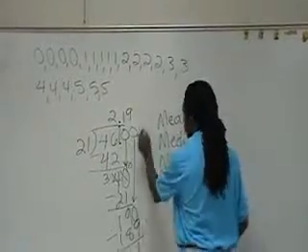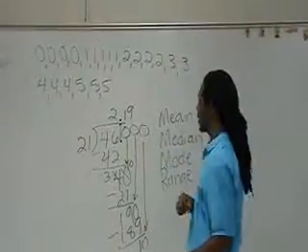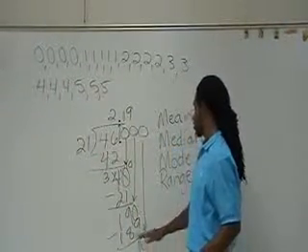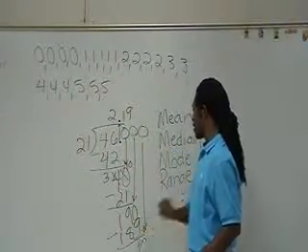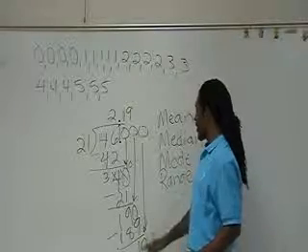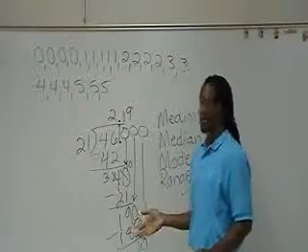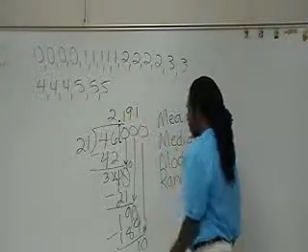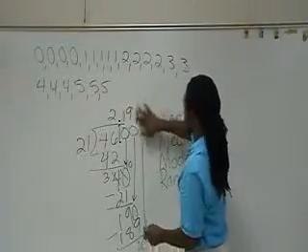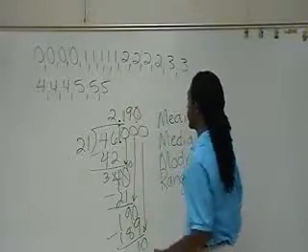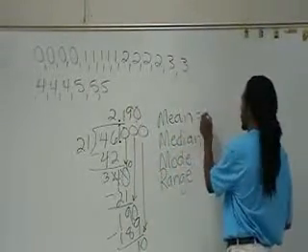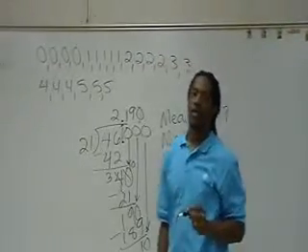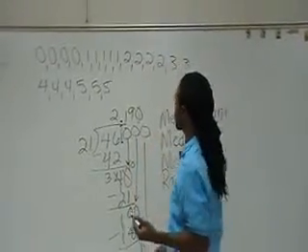Get a remainder of 1, add a 0. 21 into 10, 0 times. So we round that to the nearest 100, and our mean is 2.19.